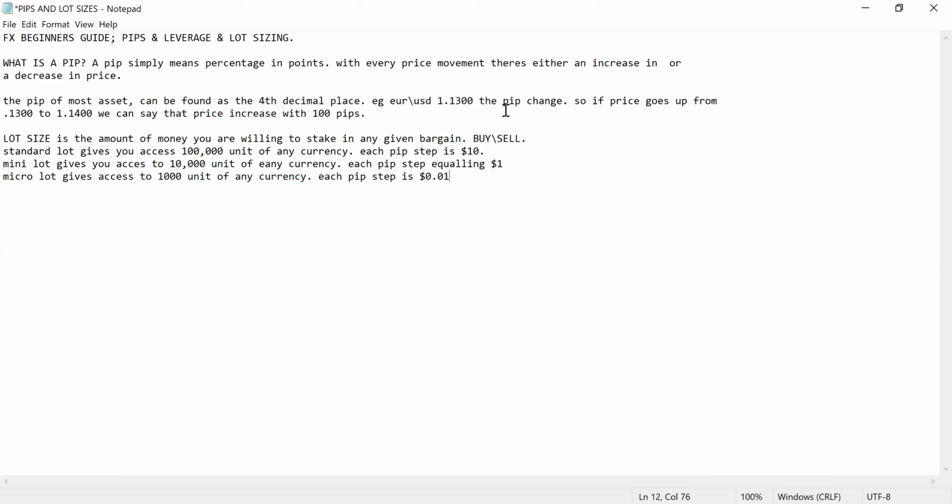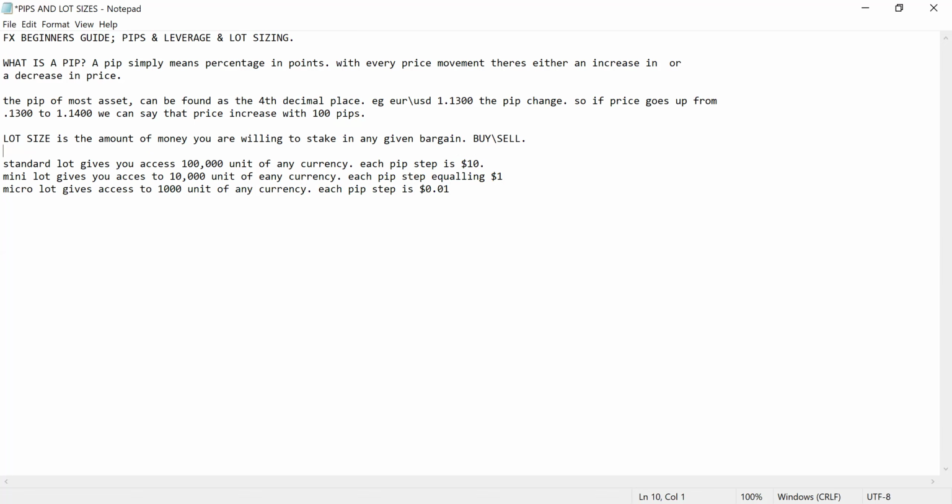why your pips are important, okay? Because depending on the kind of lot size that you use, you can maximize the price movements.